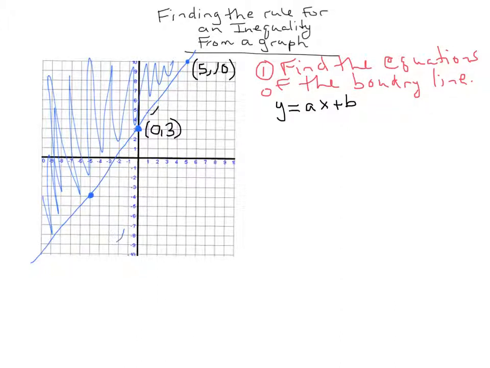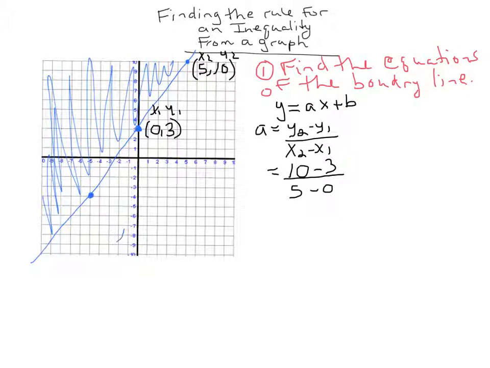So you have x1, y1, and x2, y2. So the first step, a equals y2 minus y1 over x2 minus x1. Alright, so I got 10 minus 3 over 5 minus 0 equals 7 over 5.